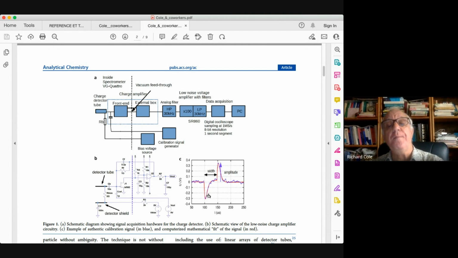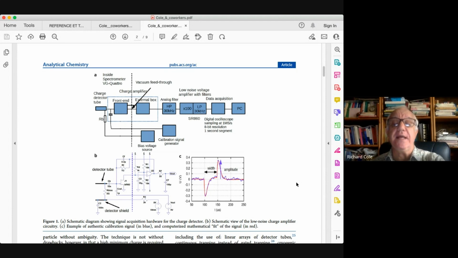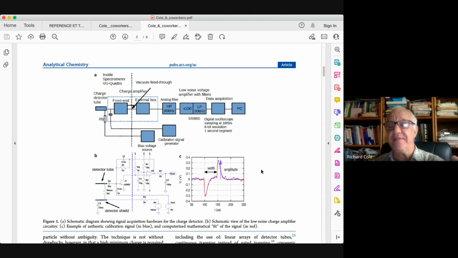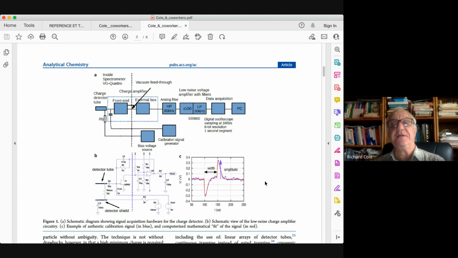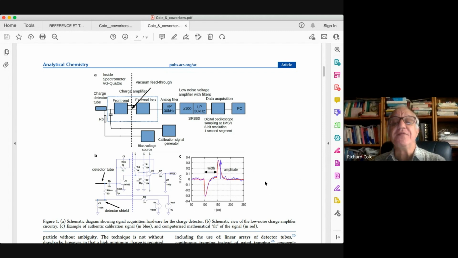So for a noisy real signal event, we're going to fit that event with the type of curve that you see in red there, and that's going to be our signal. It's from this fitted curve that we're going to extract our amplitude, which corresponds to the charge of the particle, and our width, which corresponds to the residence time in the charge detector. That's going to give us our mass to charge information.